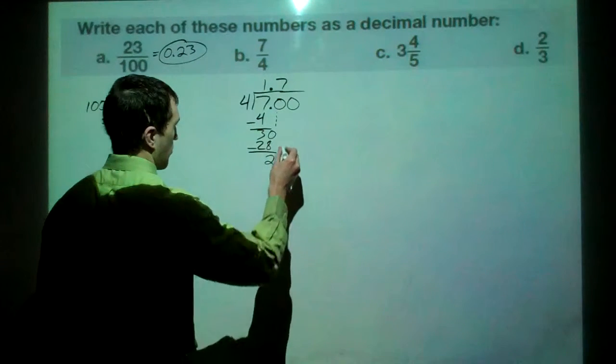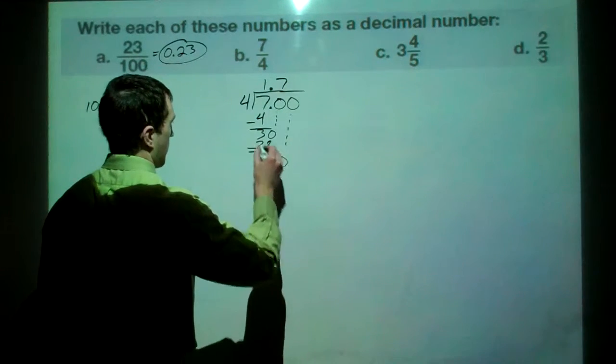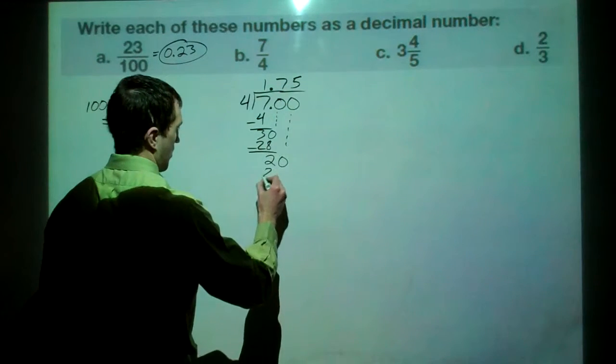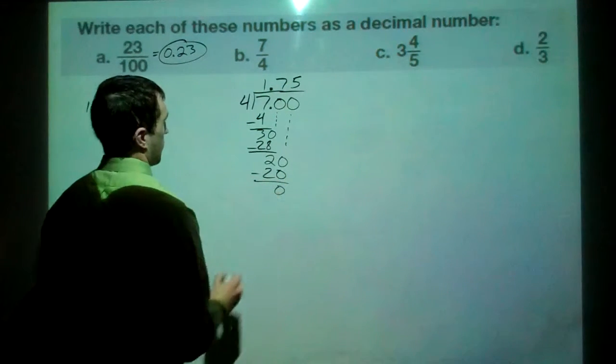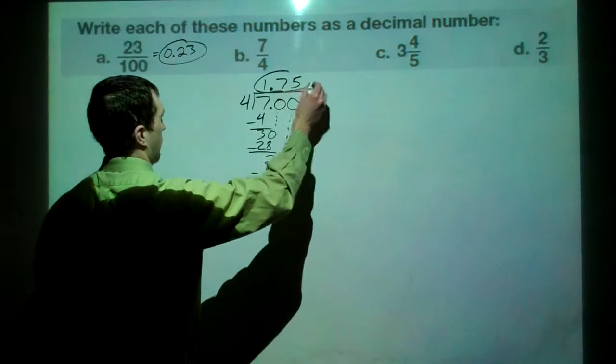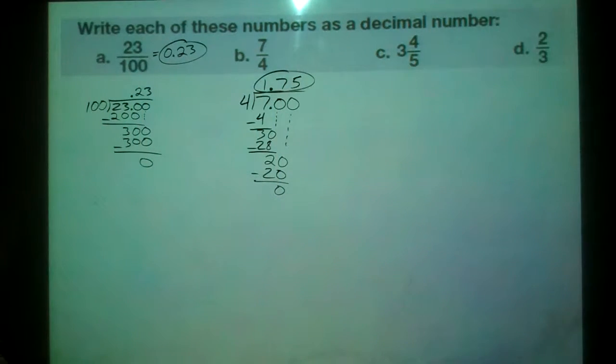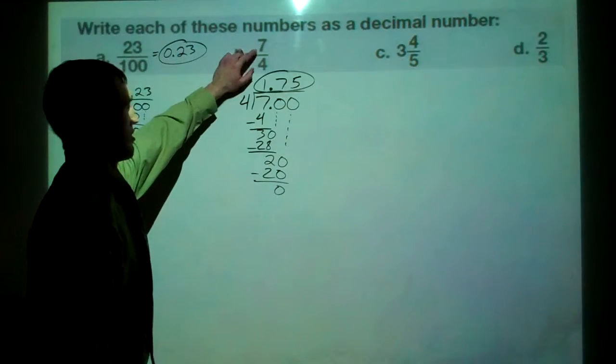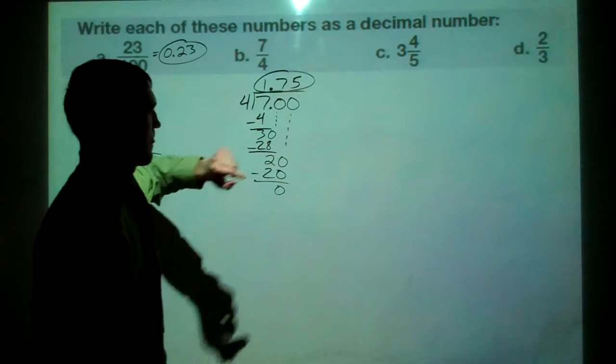Subtract, get 2. Bring this 0 down. 4 goes into 20 5 times, and we subtract and get 0. So 1.75 for that one. That one should be bigger than 1 because our numerator is bigger than our denominator.